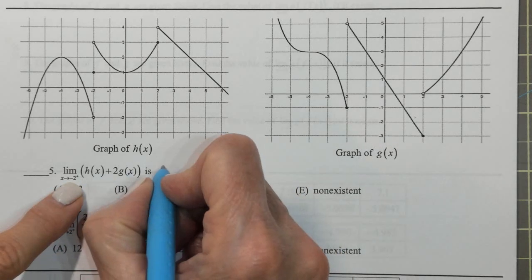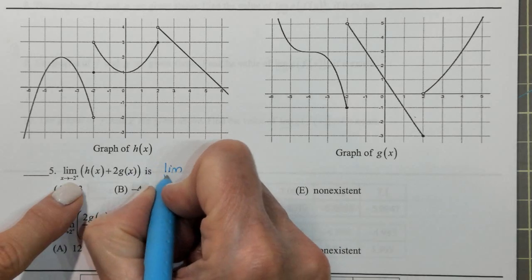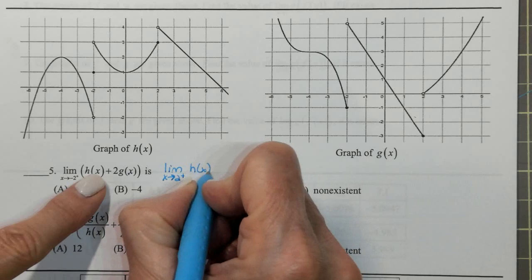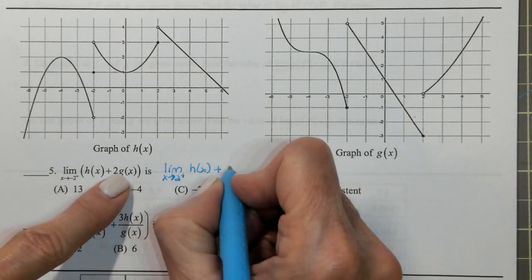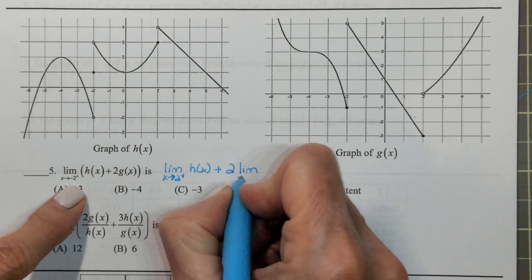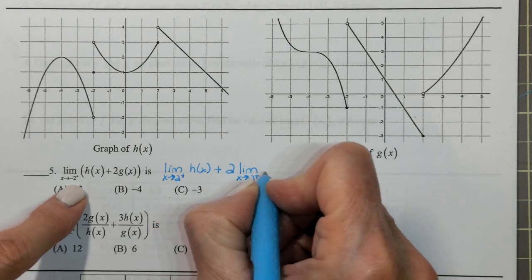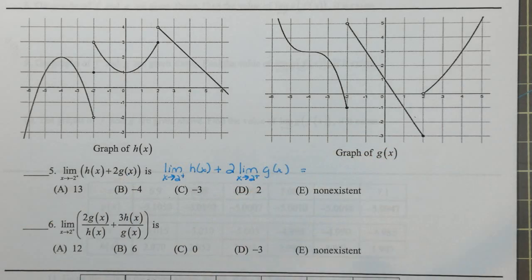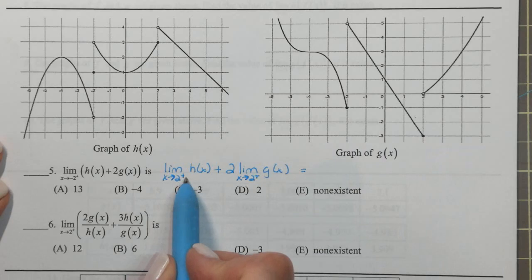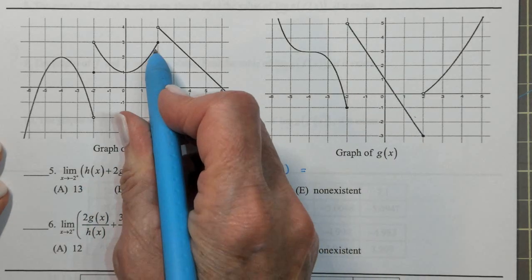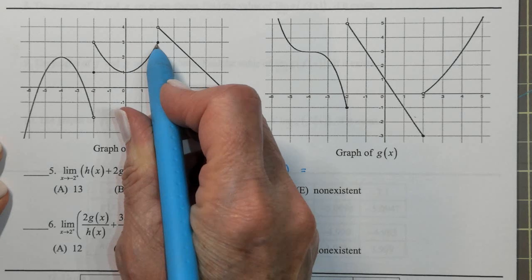So that will be the limit as x approaches 2 from the positive side of h plus 2 times the limit as x approaches 2 from the positive side of g. So let's get the limit as x approaches 2 from the positive side of h. That limit is 3.